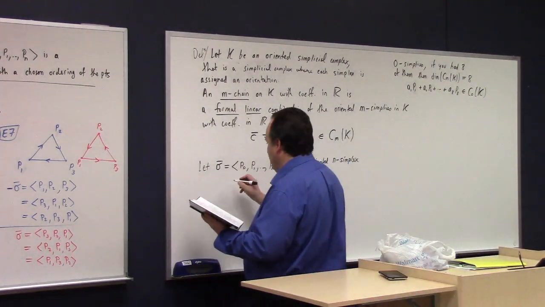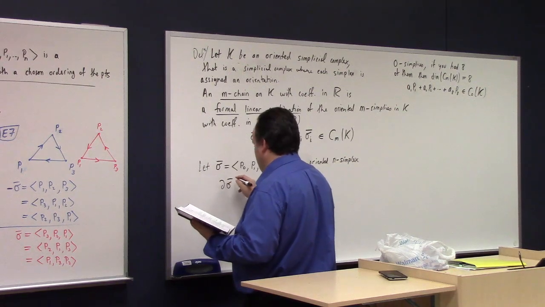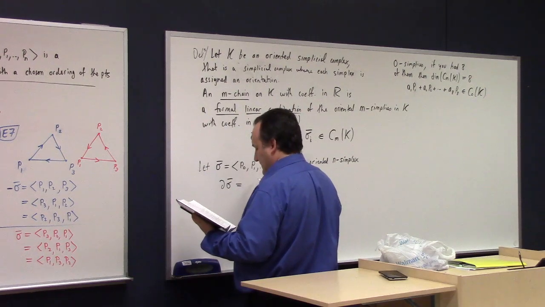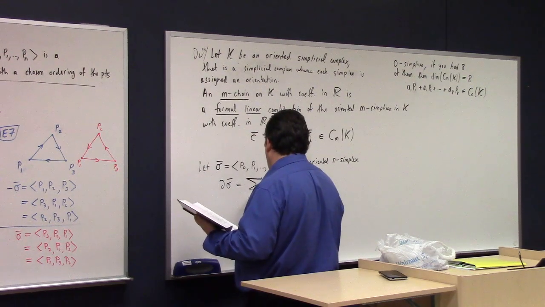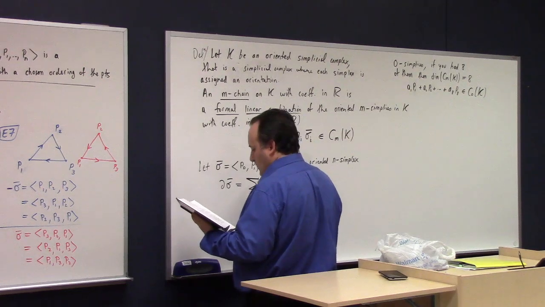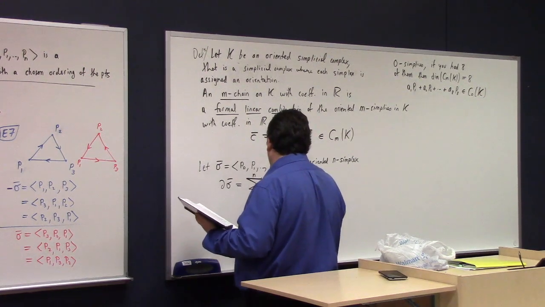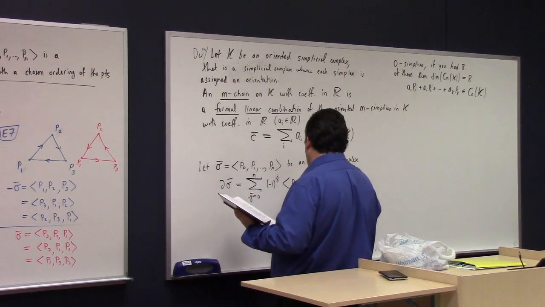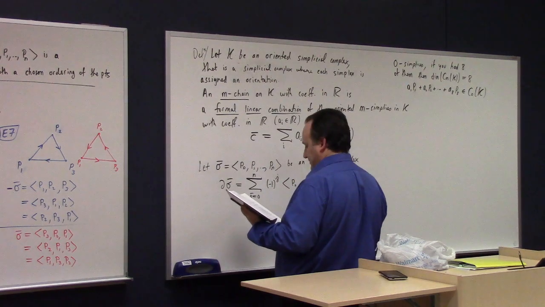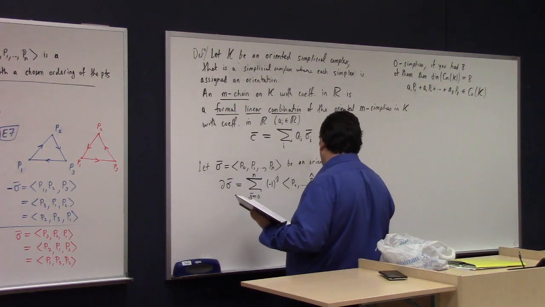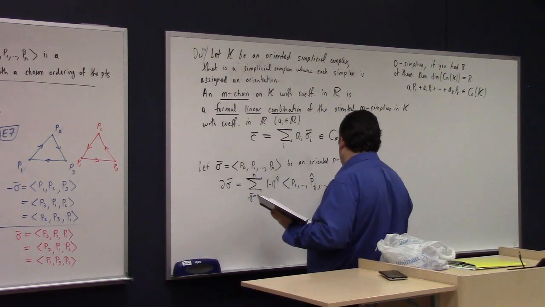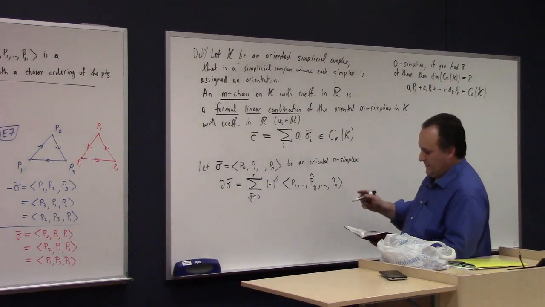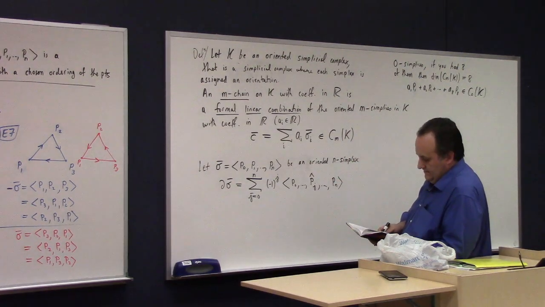Then the boundary of sigma bar is defined to be the sum, j equals 0 to n, of -1 to the power j, of the oriented simplex formed by deleting the jth vertex, where that caret means that it's deleted. All right.